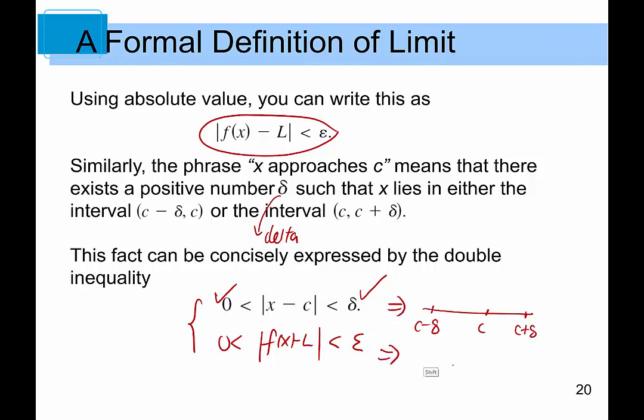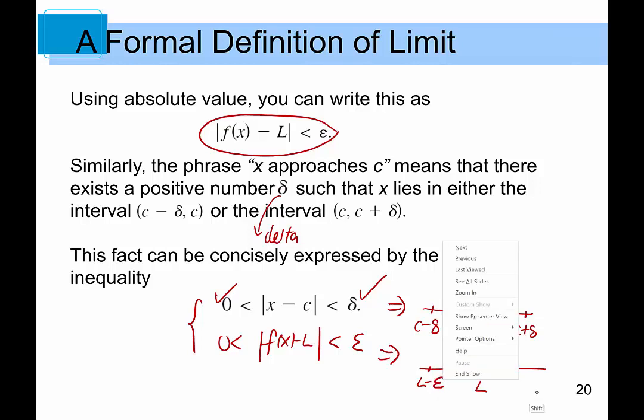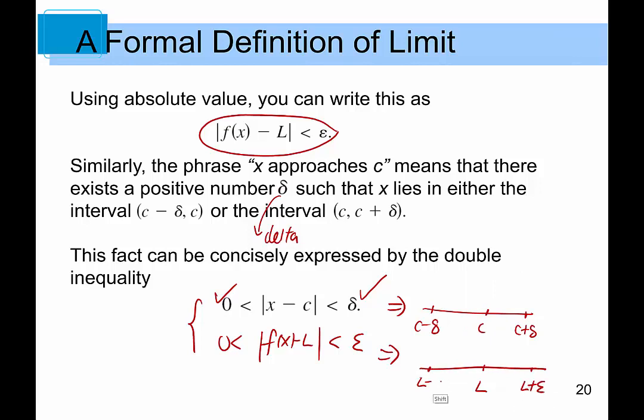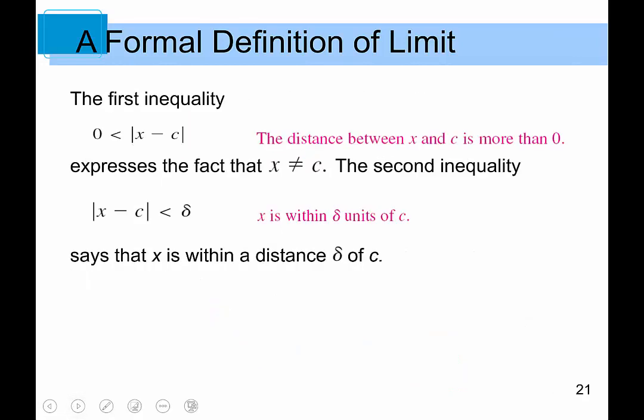For the y value, this is L. It's L minus epsilon, and the right hand side is L plus epsilon. Okay. So this is a formal definition of limit.